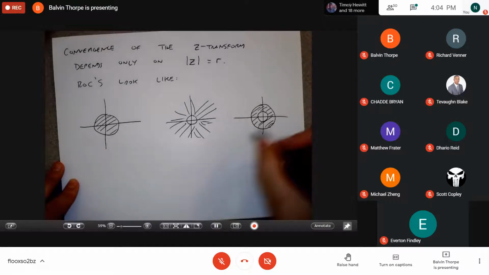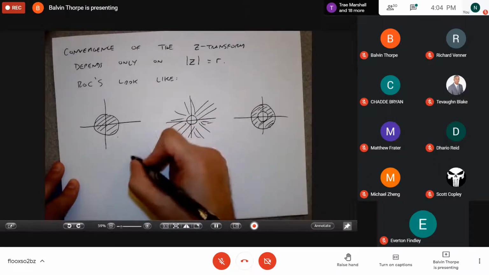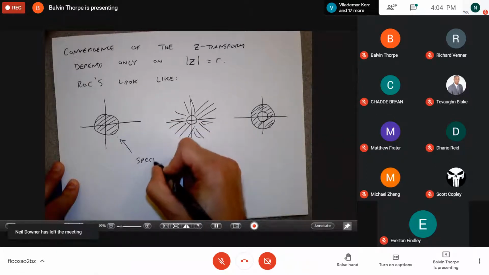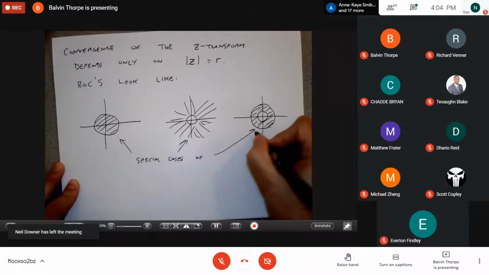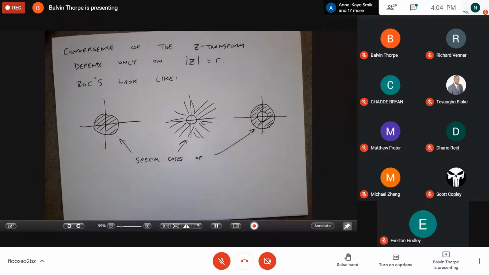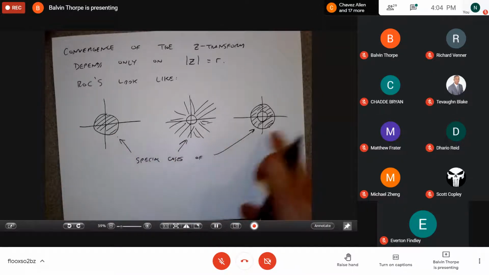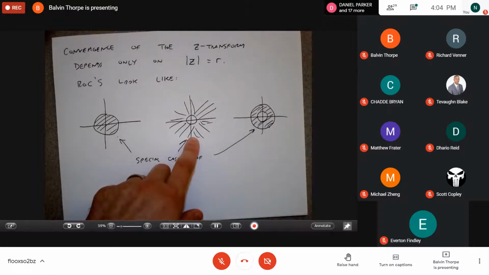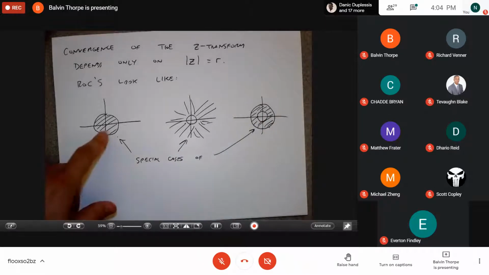In some sense, these are special cases of this one. If I take this one and let the outer circle go out to infinity, I get a picture that looks like this sunburst. If I take the inner circle and bring it down to 0, then I get this circle, right?